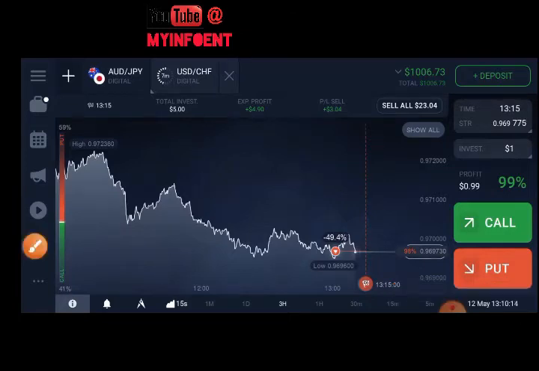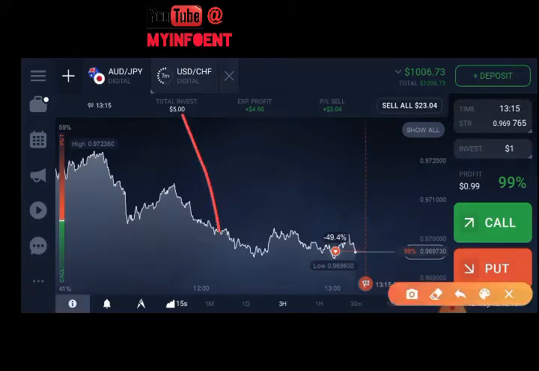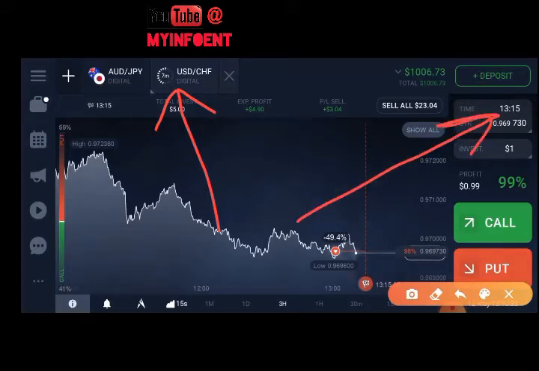I've already sold that market, but sometimes the app doesn't acknowledge that until later. So that is the time you can see there. Another way you can check the expiration time is, if you look at the time here, this is 13:15, then there's another time below here, you understand?